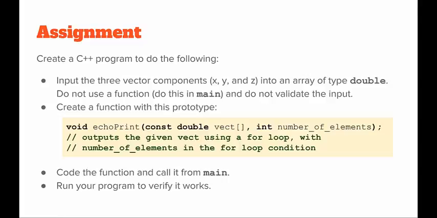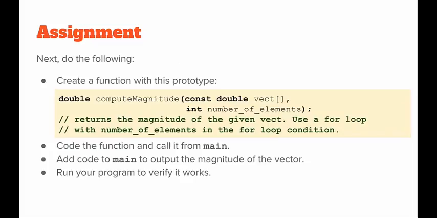Before moving on, I recommend hitting the pause button. Next, do the following. Create a function with this prototype for a function called compute magnitude, which will compute the magnitude of the given array. We're treating the array as a vector, so think back on your physics training.